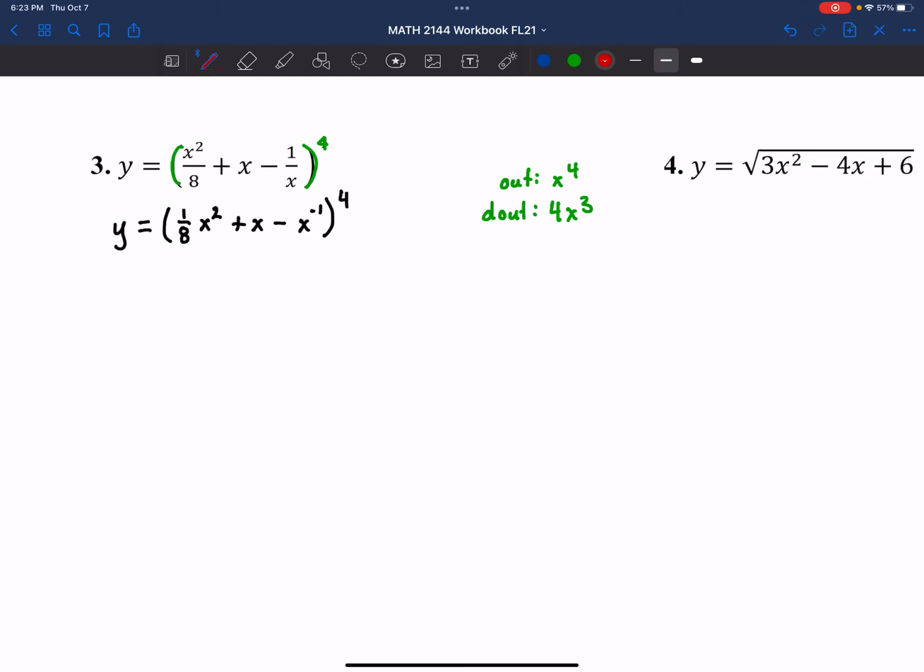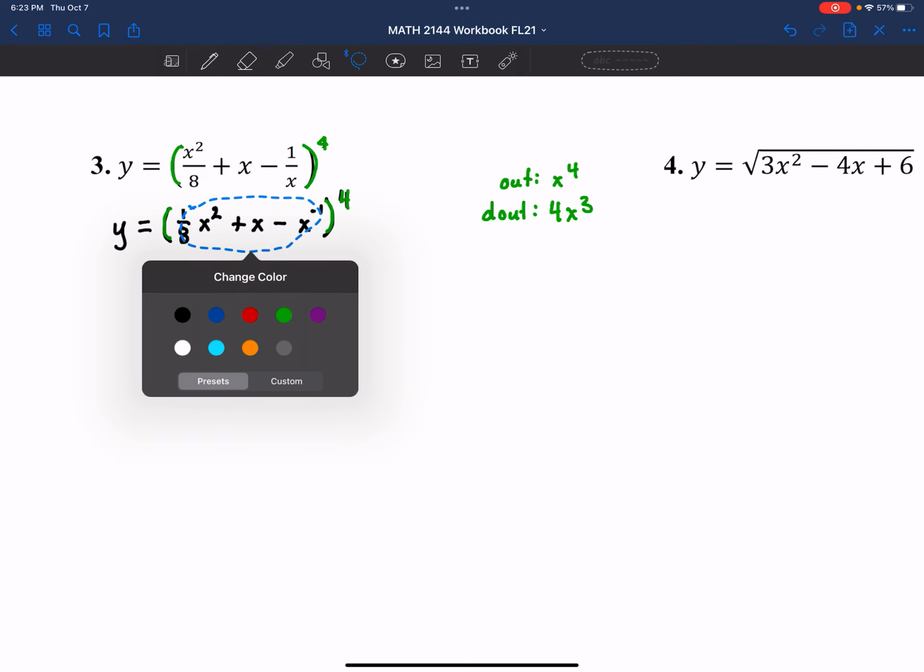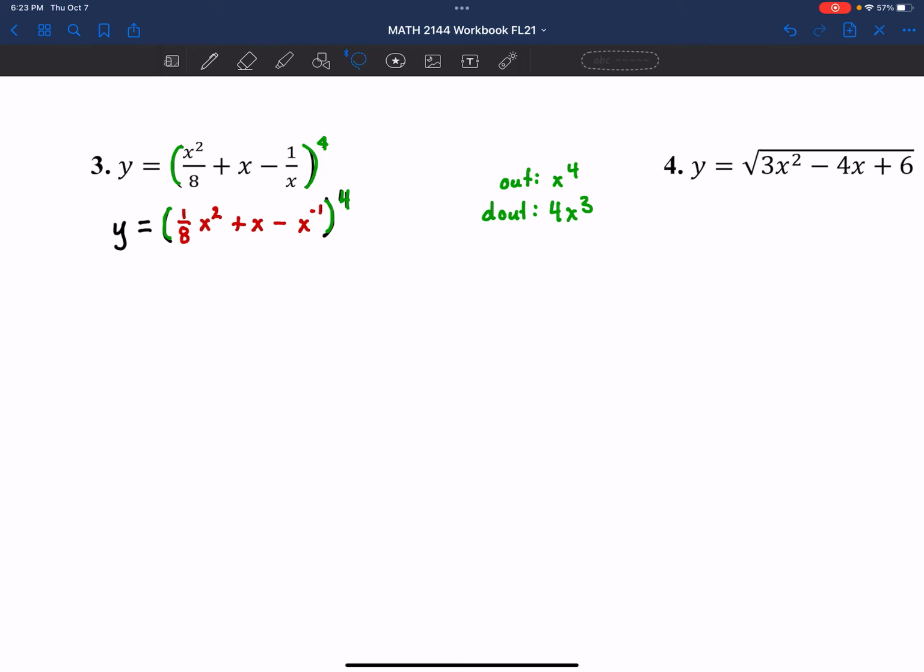Then I'm going to go ahead and use this one right here. So that's going to color code to green. And the inner function, let's change that color, will be represented by red. So the inner function is going to be x squared plus x minus x to the minus 1.